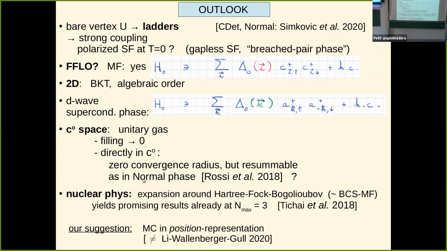And for this kind of calculation, one remark that I would like to make is that we recommend to perform the Monte Carlo in position representation differently to what has been done in this recent paper about chemistry and materials. Thank you for your attention.